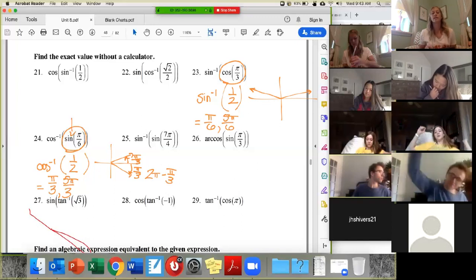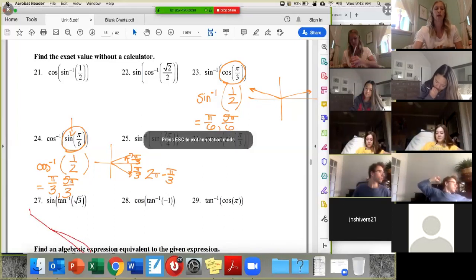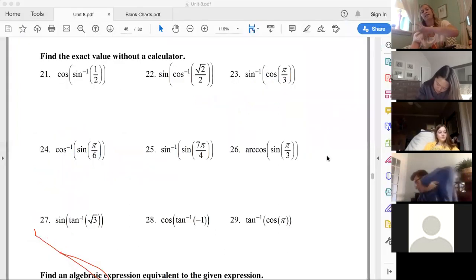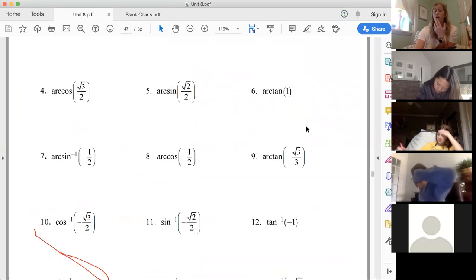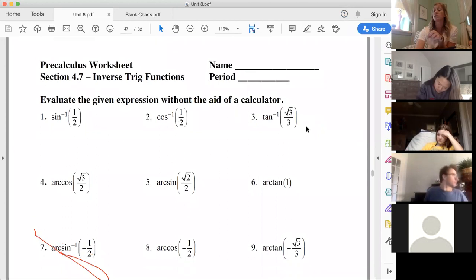These questions, while they're not assigned, are really, really good for your brain in thinking about this stuff. They make you think both forwards, finding a sine value, and backwards, finding an angle value. I'm not making them part of homework, but these are great extra practice questions.